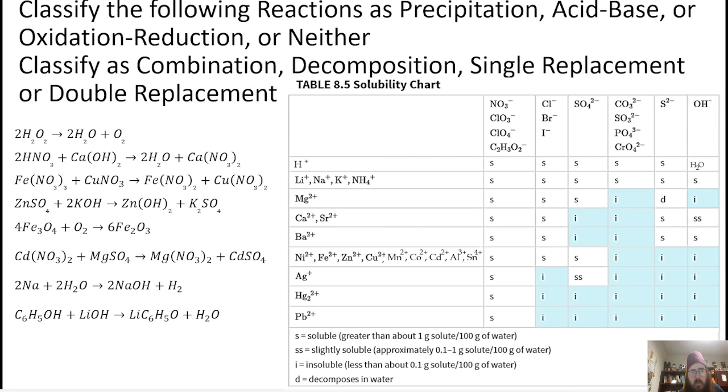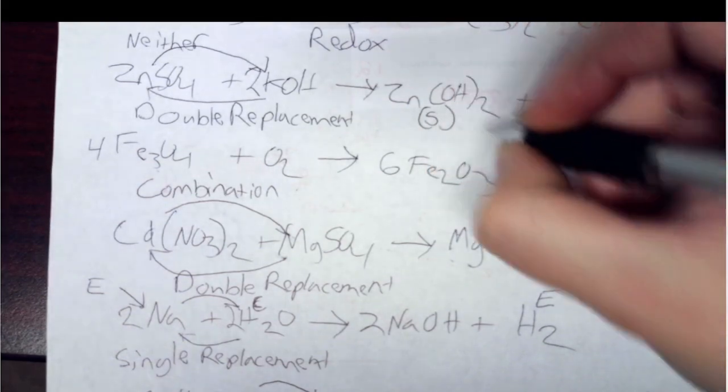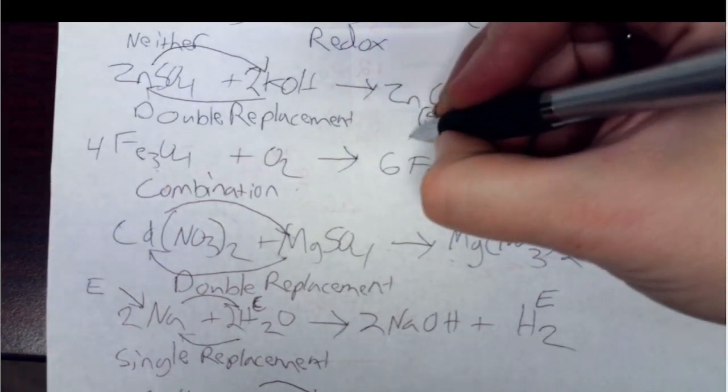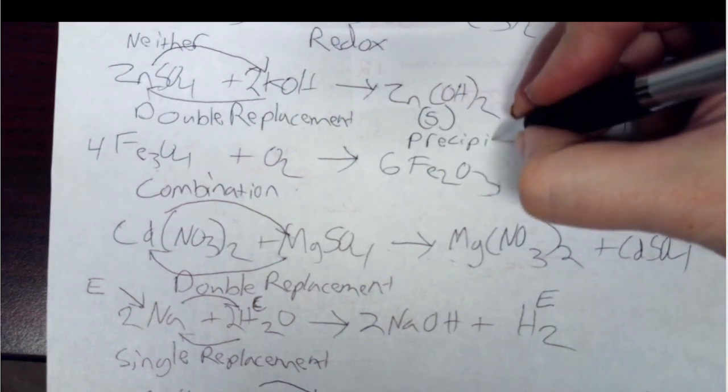It's soluble. But zinc is in row 6. Hydroxide in column 6 is insoluble. So insoluble means this is a solid. If this is a solid, it is, by definition, a precipitation.